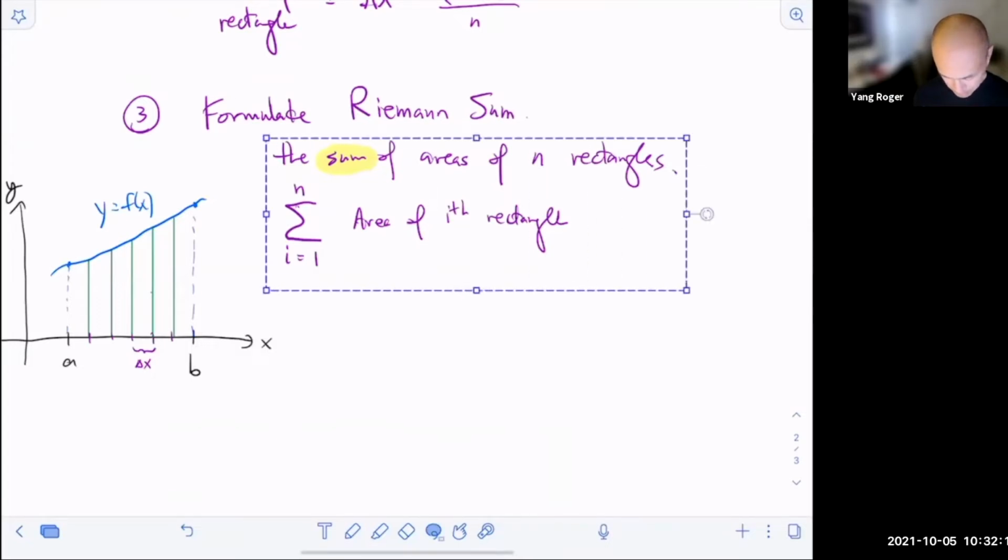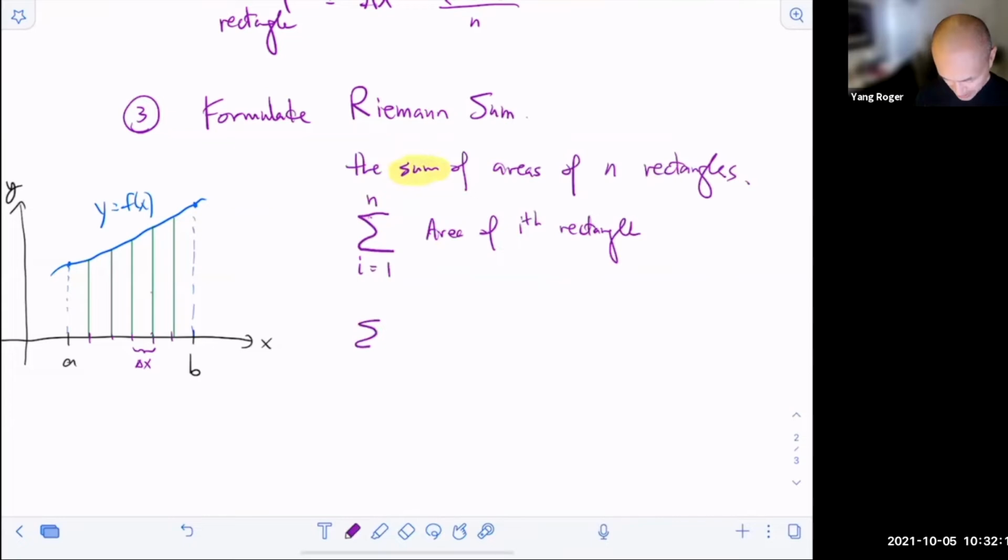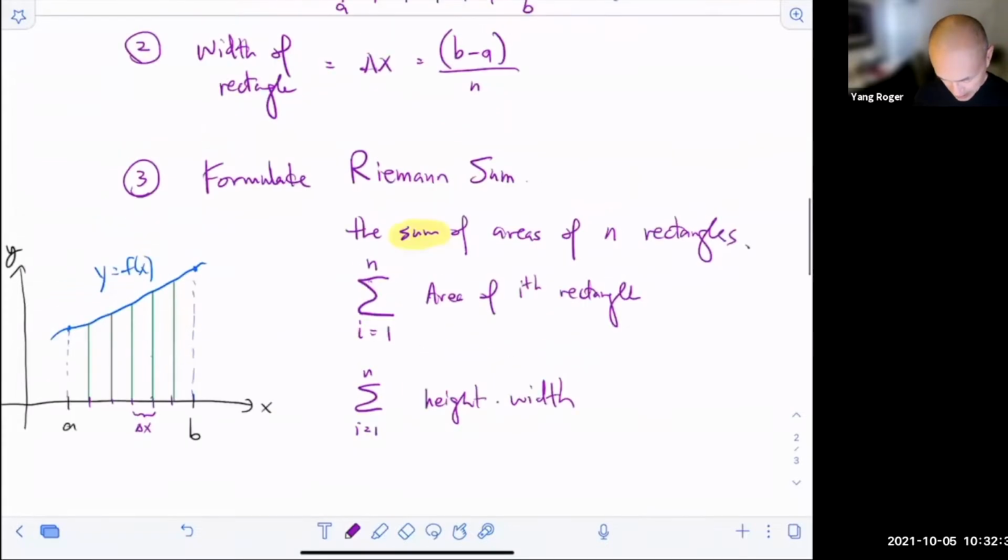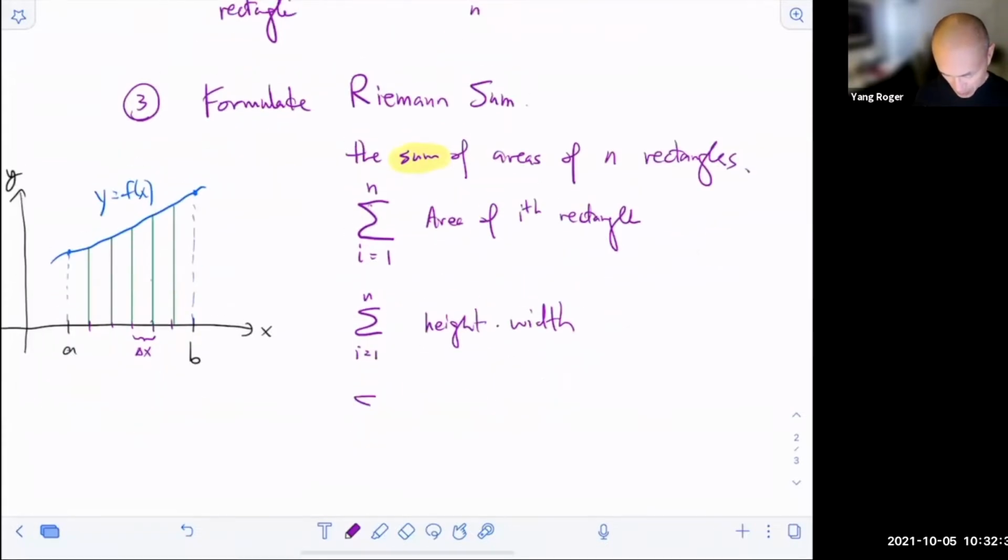The area of a rectangle is given by the height times the width. And we already found the width. The width is what we are calling delta x. So this is really, as i goes from 1 to n, we're going to have a delta x here. So the natural question to ask is, what is the height supposed to be?